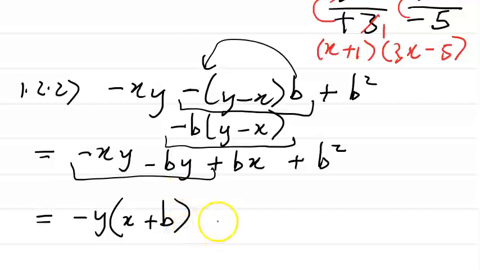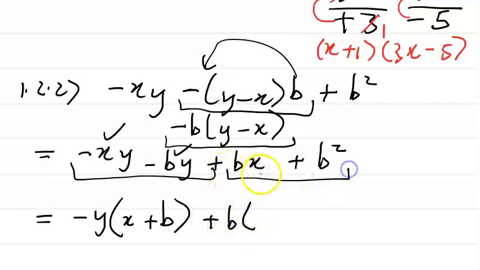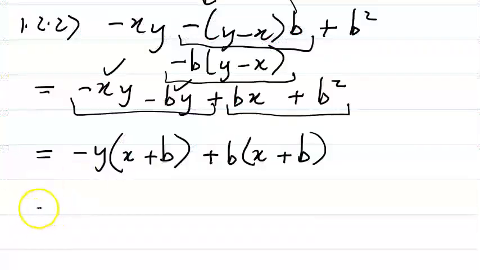Always check your factorization by products. Minus y times x is minus xy. Minus y times plus b is minus by. And here we can remove b there. So we got b, and what we're going to be left with? X plus b. So now we can finish off this. So x plus b is common.